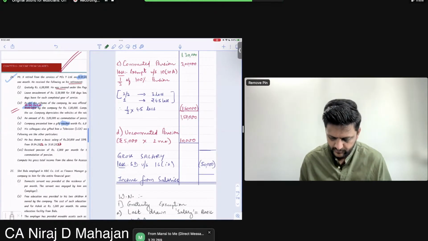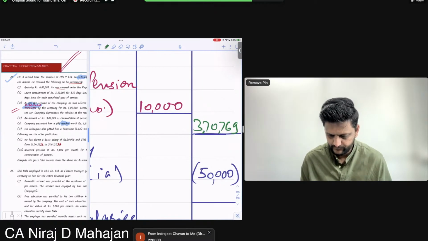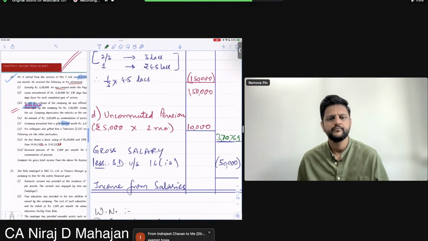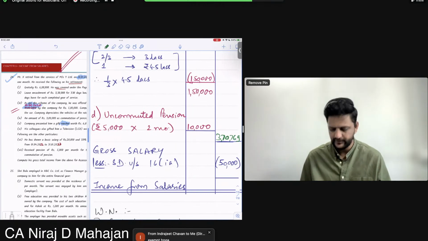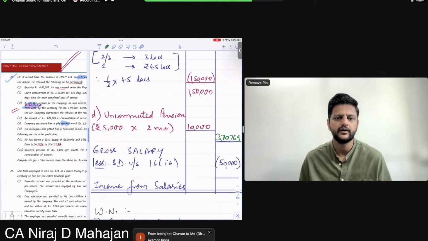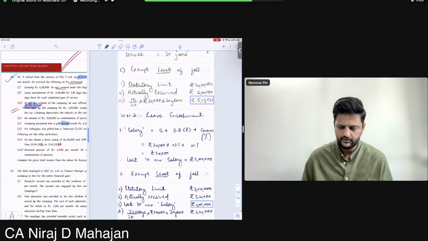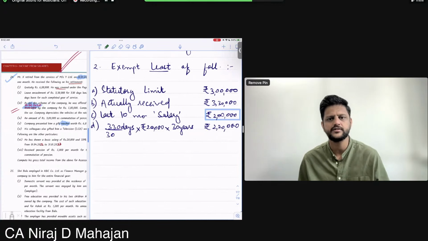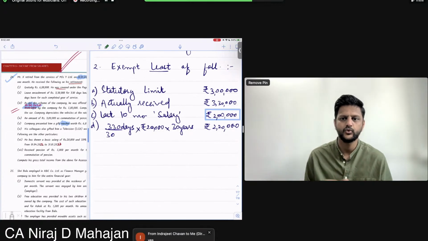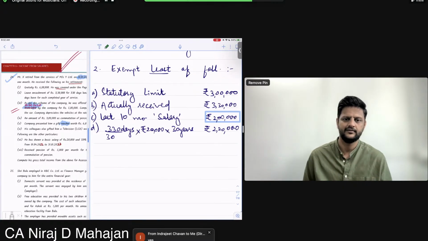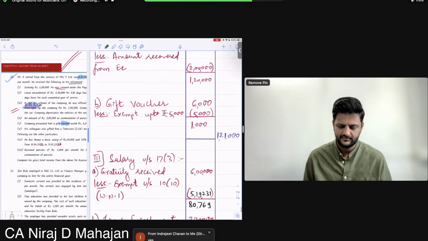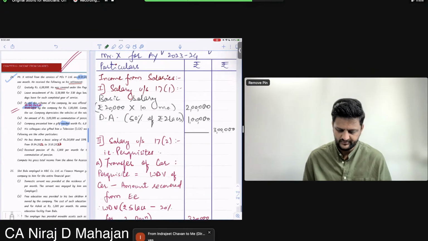All of you check. Exempt 2,20,000, least, na? Are you okay? Out of these four figures, which is the least? Not last, least. 2 lakhs, na? So exempt was 2 lakhs.